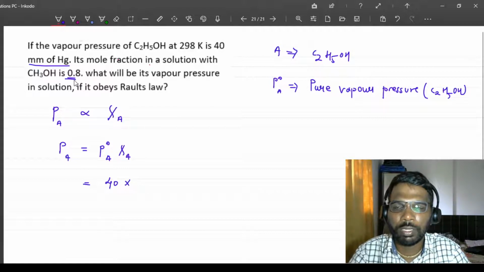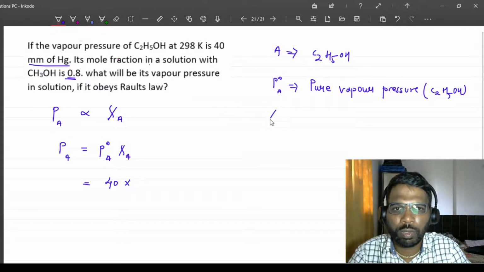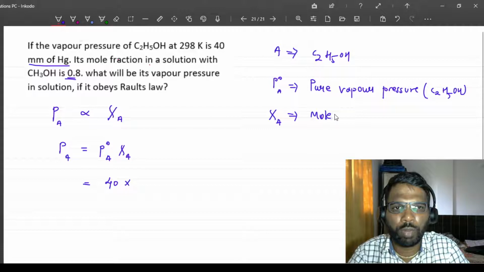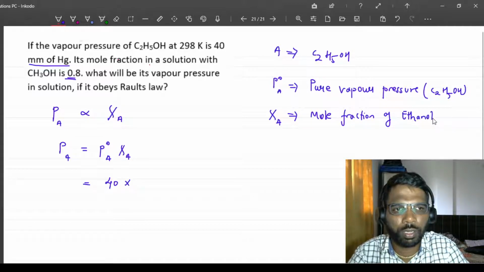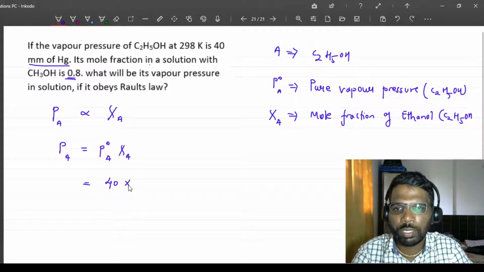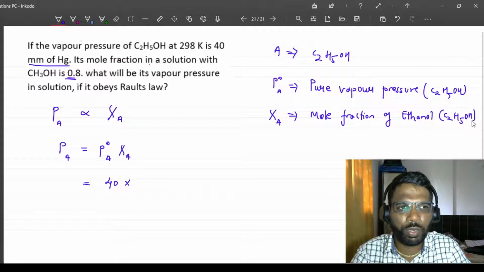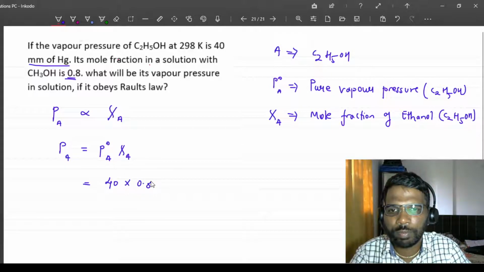So chi A, the mole fraction of ethanol, C2H5OH, is equal to 0.8.